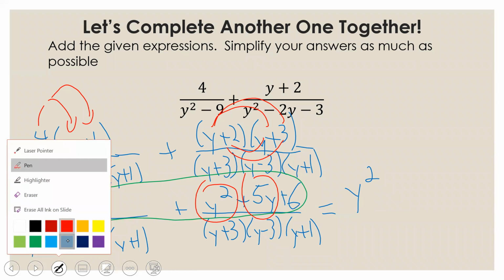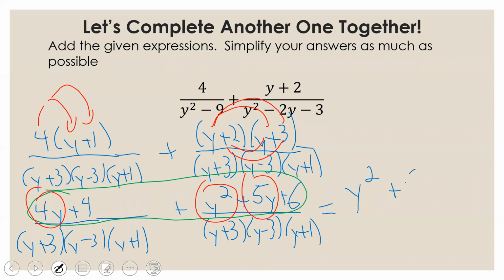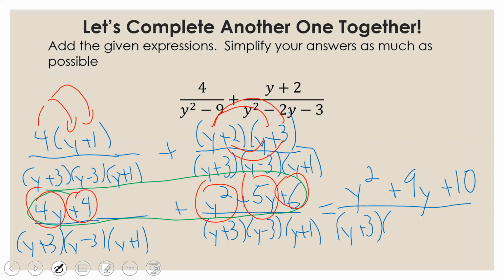If we add those two, we'll end up plus 9y. And then if we do 4 and the 6, that'll be a plus 10 here. And then all over our common denominator. So y plus 3 times y minus 3 times y plus 1. And that would be our final answer.